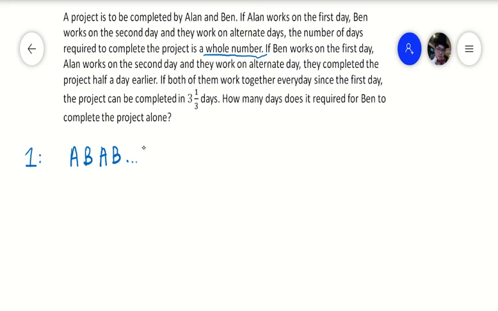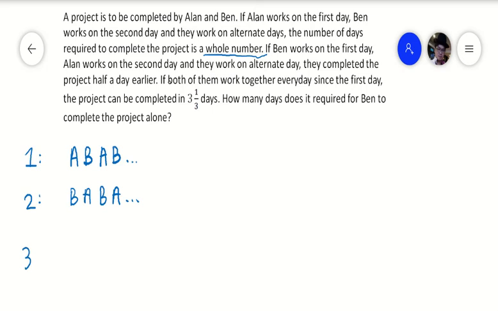Now situation two says that the project started with Ben, and Alan continued to work on the second day, then Ben, Alan again. So for situation two, they complete the project half a day earlier, so the time taken is lesser.